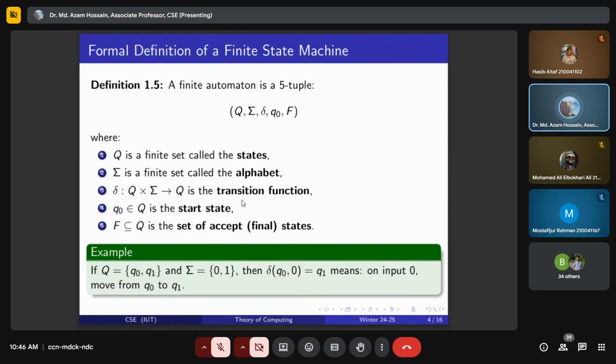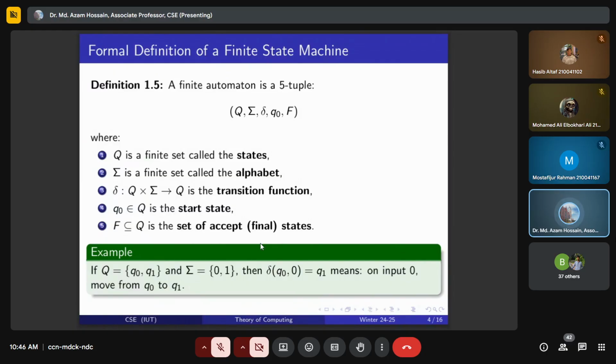Today we may also have some examples. So suppose in the finite state machine we have states Q naught and Q1, and the alphabet we have is 0 and 1. That means input strings consist of 0 and 1. Then what does it mean? Delta of Q naught, 0 equals Q1: you are in the state Q naught, reading 0, you go to the new state Q1, which means on input 0 we move from Q naught to Q1.